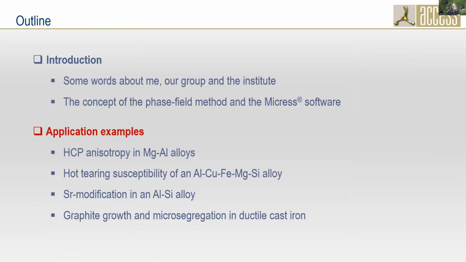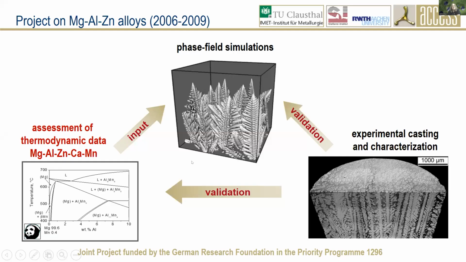So I like to start with a very old example on magnesium aluminium alloys, and actually I had some problems to present this, to go back to all this data and wonder how to present it today. This project was running between 2006 and 2009, and a typical way of doing a project at this time was that you have one partner who is doing the thermodynamic data assessment.